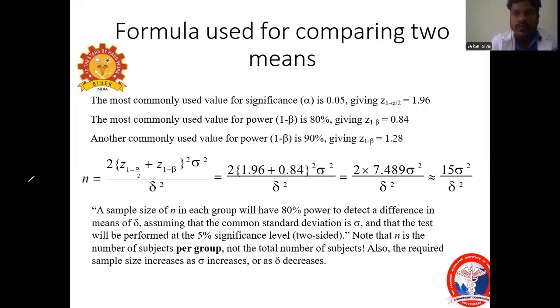It's not the total. If the sample size is 150, you should take 150 in one group and 150 in the other group. The total sample size is 300. Also, the required sample size increases as sigma increases and as the effect size decreases.